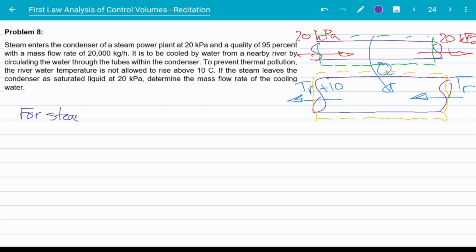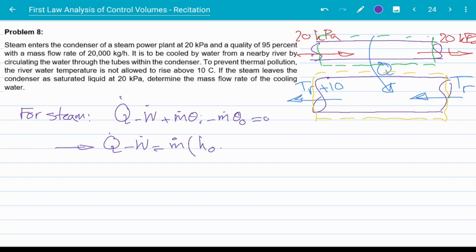So for steam, what do we know? We know that Q dot minus W dot plus everything the steam brings in minus everything the steam takes out is equal to 0. I can simplify this equation into Q dot minus W dot is equal to mass flow rate times H of exit minus H of entrance.